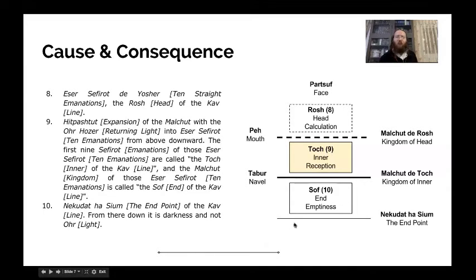And then you've got the Nekudat Asiyum, the endpoint, where there's no more pleasure, you could say, and below it is considered darkness. You don't feel any sensations of pleasure. This is basically what we talked about beforehand, and this is the cause and consequence that chapter 1 goes over.